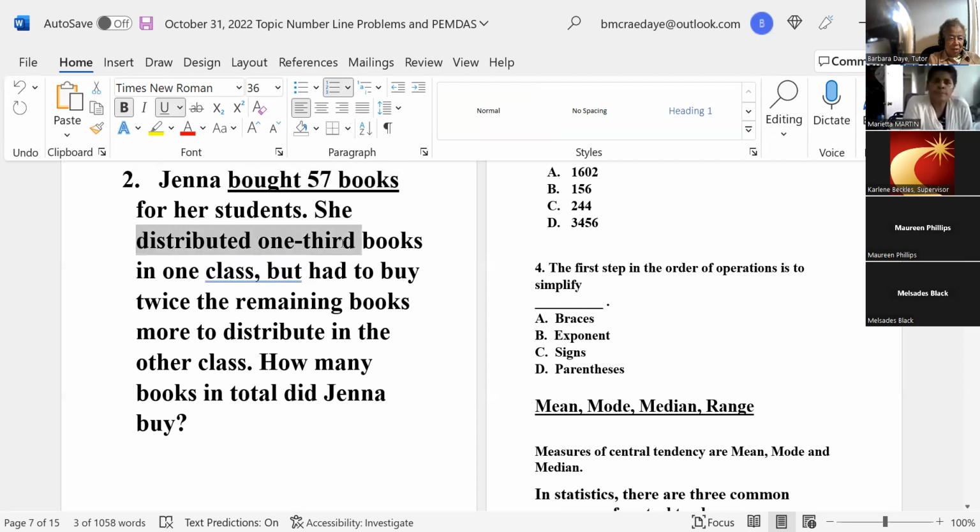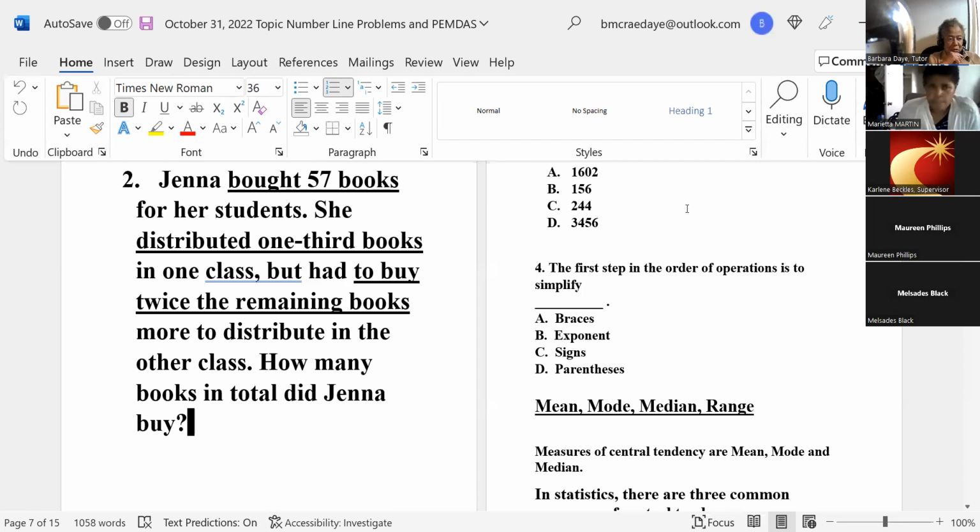Did you underline the 1/3? That's what you need. You need the 57, you need the 1/3, you need twice the remaining. Then you put it all together and you get the total books she bought.